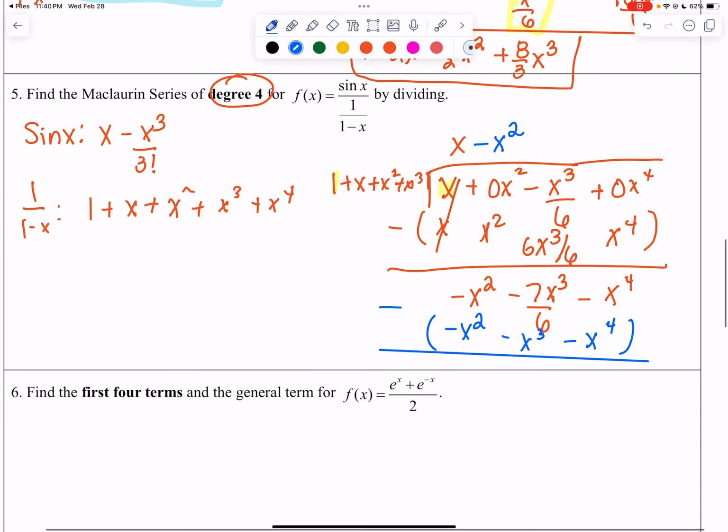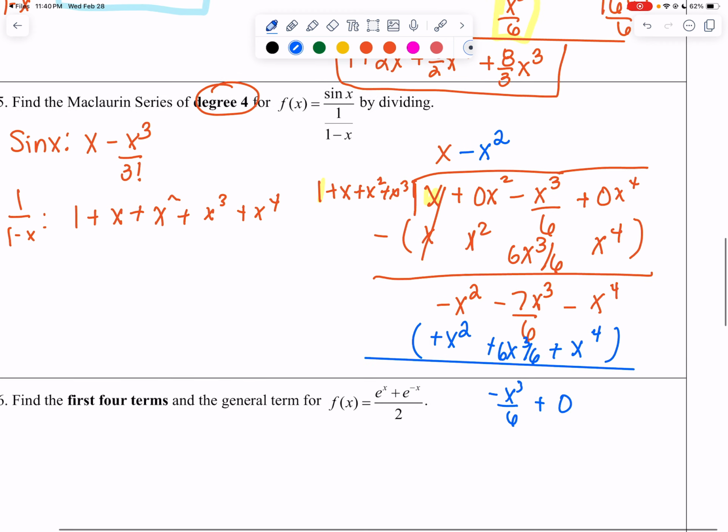All right, so now everything becomes positive. So now that cancels out. Then you have this again, which is going to be negative x to the third over 6. Then that just becomes 0. That's okay. We have this right here with 1. So now I just have negative x to the third over 6.